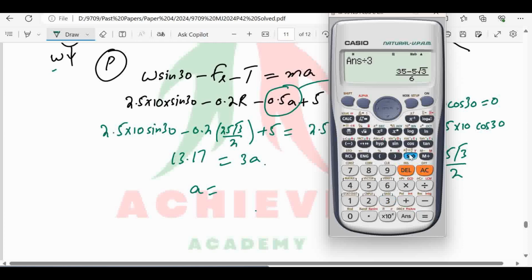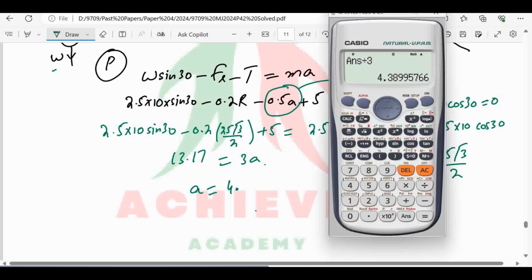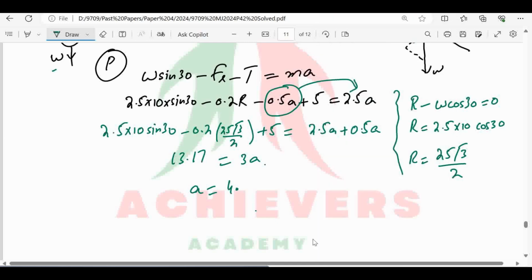So the answer will be 4.39, yes, 4.39 meters per second squared. So this will be the final answer.